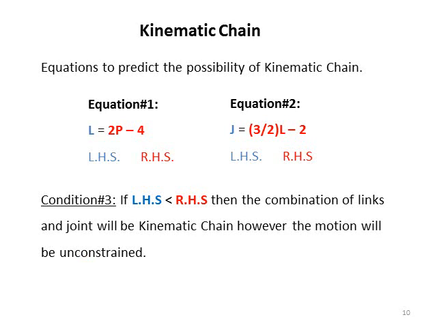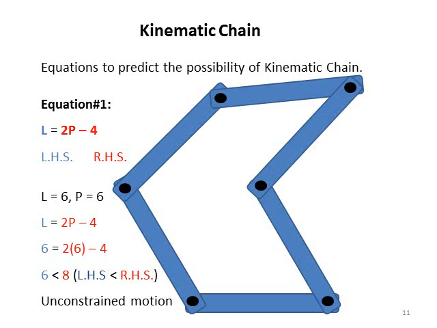Let's see the examples. Here the example has a rather complex combination of links and joints. Let's count how many links, joints and kinematic pairs there are. So let's start from here. The link number 1, link number 2, link number 3, link number 4, link number 5, link number 6.